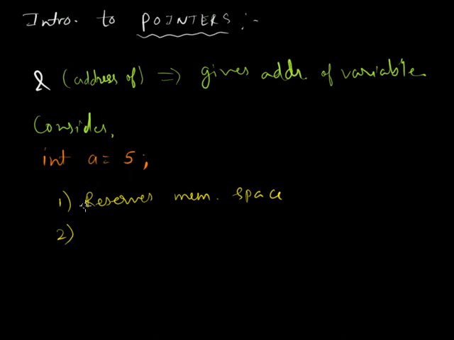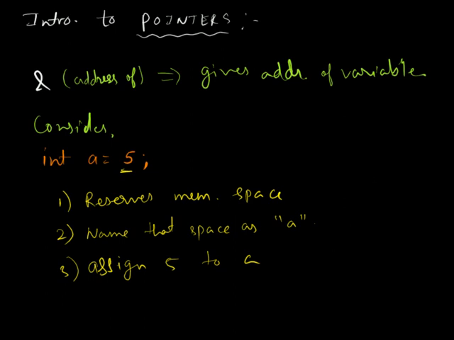Remember, in the first or second lecture we did variables. We know that a variable is like a box, a memory space which has a name. So name that space as, in this case, a. The third and final thing it does is, since we have initialized while declaring, assign this value. Assign 5 to a.